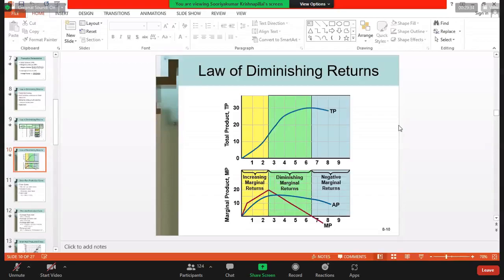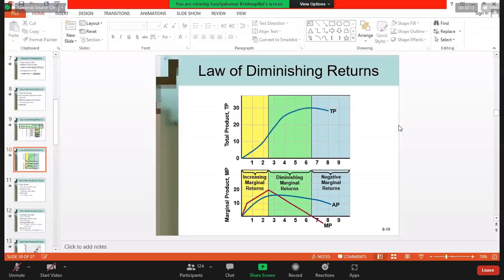Then the output increases, so the total cost will increase but at a decreasing rate. If additional labor produces more and more, that means total product increases at the increasing rate, then to produce additional output, we use less labor, because each additional labor produces more and more output.